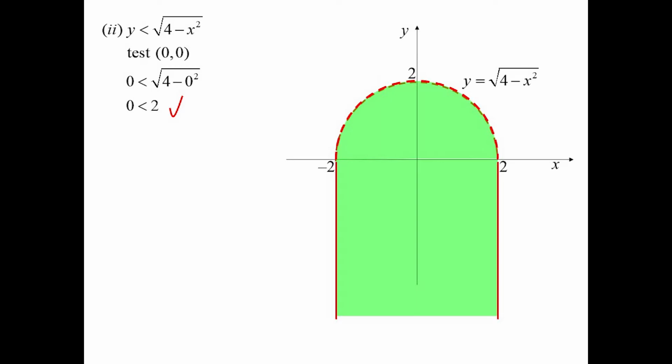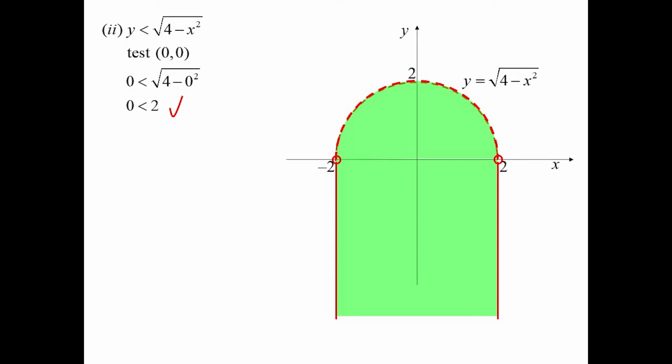So as long as it's in the domain, it should be included. You'll also notice that whilst the semicircle itself is dotted, the boundary of the section underneath is solid. If you pick any point, again, sub it in, it will satisfy it, because the y value is negative. So it's going to be less than the square root.